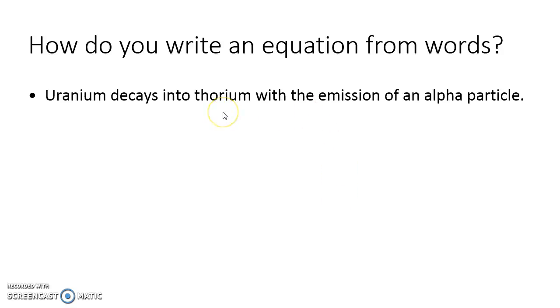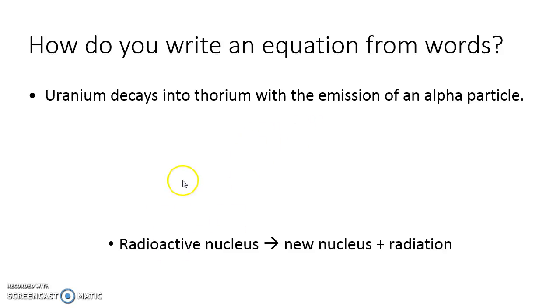So how do you write an equation from words? Here's an example. Uranium decays into thorium with an emission of an alpha particle. First, you write the uranium-238. The radioactive nucleus is going to make radiation or a particle and a new nucleus.